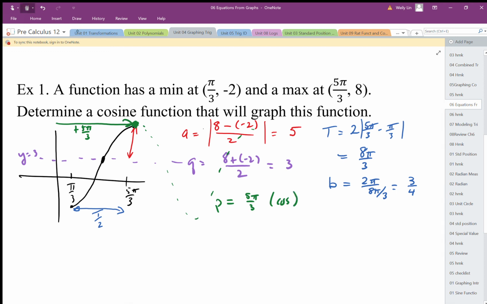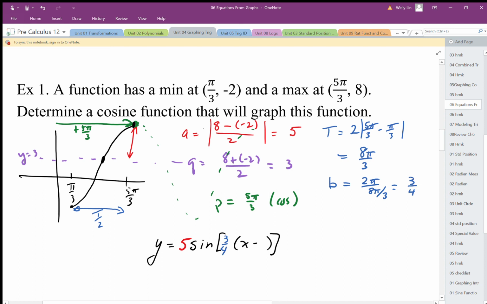Now that I have all the parts, I'm going to put it all together and write the y equals equation for this. The amplitude is 5, which we got there. We know that the b value is going to be 3 over 4, that's what we got over here.